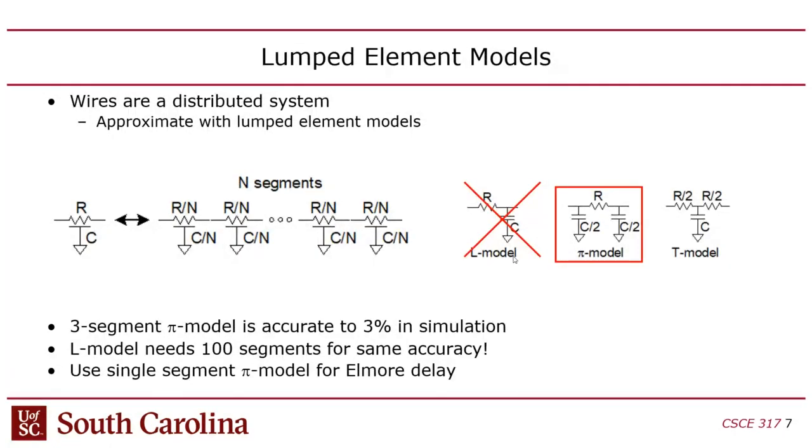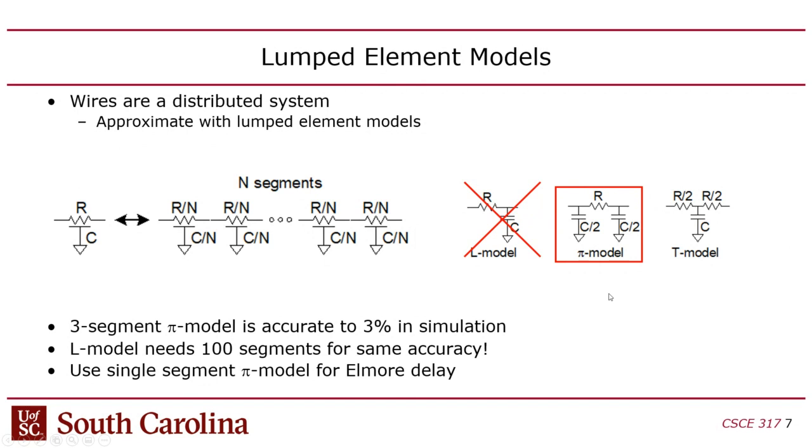We talked about how the resistance and capacitance is distributed across the entire length of the wire, and so when you model it, generally they're modeled as segments, as lumps. Although again, in this course we're going to simplify that, and we're just going to consider one lump. A lump is either an L model, pi model, or T model.